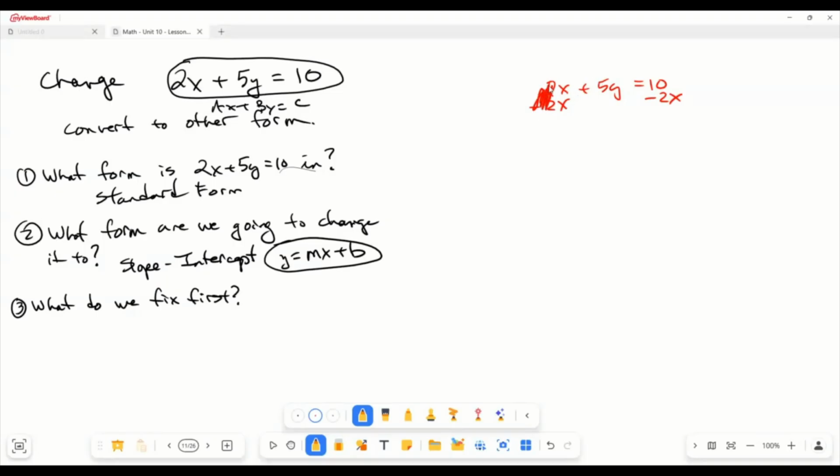The 2x. There we go. We want to get rid of all of it. All right. So this gives us 5y equals negative 2x plus 10.